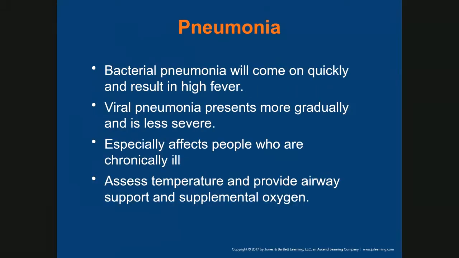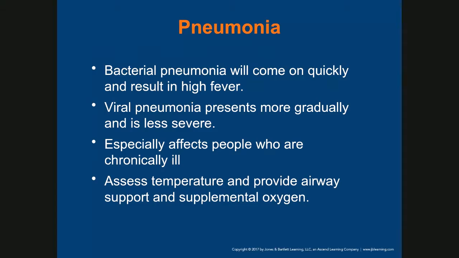Right. Then you have pneumonia. It can be bacterial, it can be viral, but the lung tissue itself is infected, right? Bacterial pneumonia will come on quickly and result in high fever. Viral pneumonia presents more gradually and is less severe.